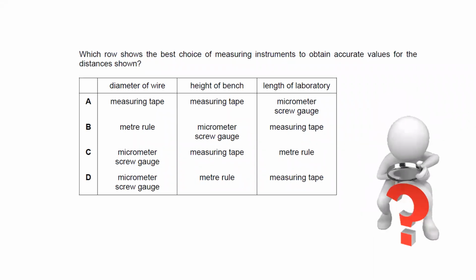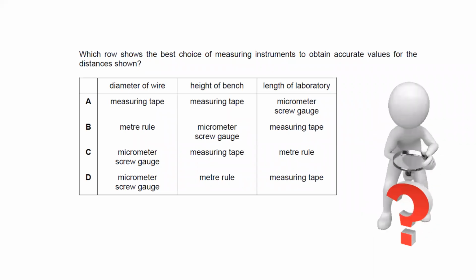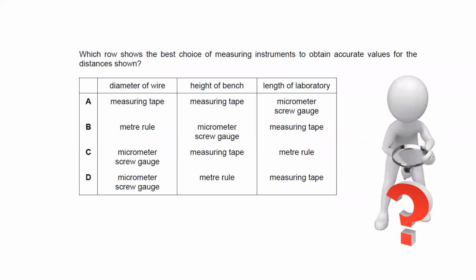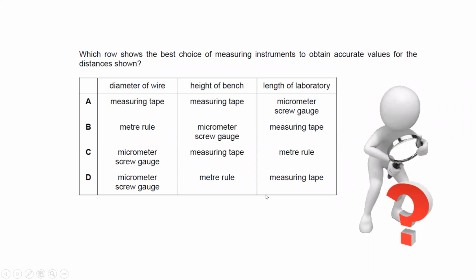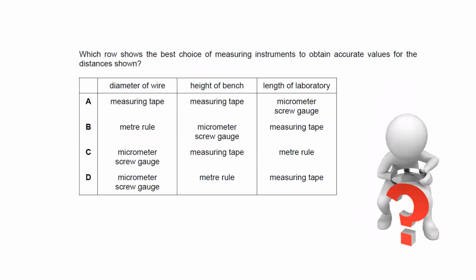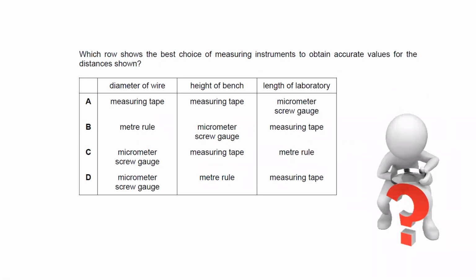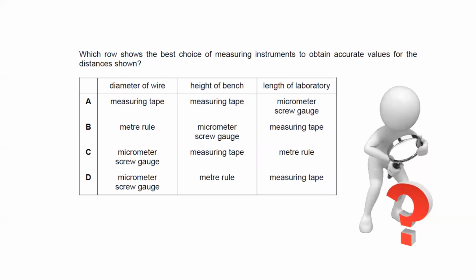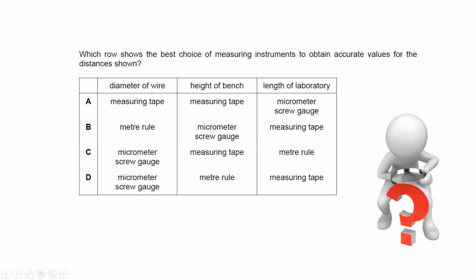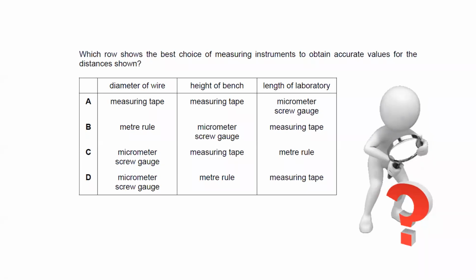You can take your time, but everyone should participate. I will give you a hint: the diameter of a wire will be very small, so we need a very accurate instrument. Height of the table or height of the bench, and length of the lab. A meter rule can measure a maximum of 1 meter.